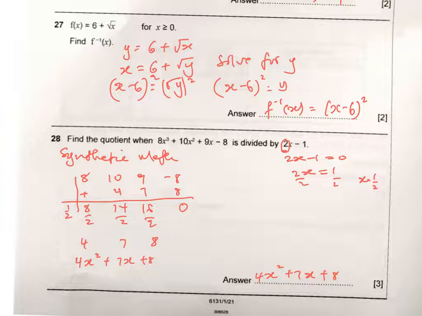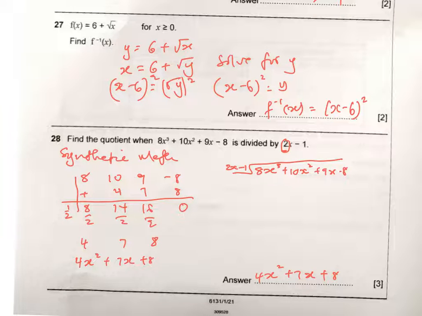That is the synthetic method. Now I'm going to use long division, just for those that follow the long division method. You write down 8x cubed plus 10x squared plus 9x minus 8, and then here I put 2x minus 1.